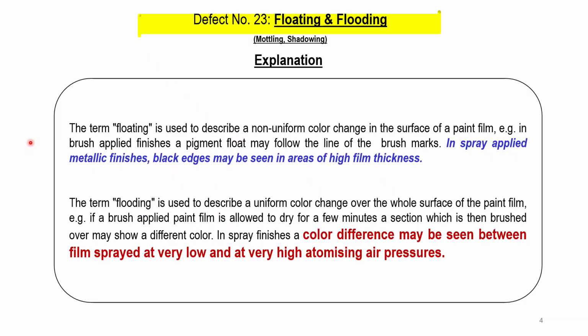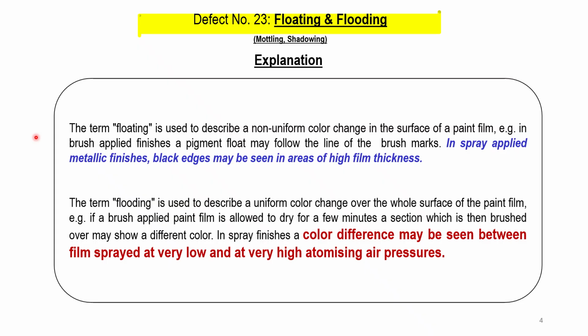To explain further the floating and flooding defects, we can say that the term floating is used to describe a non-uniform color change in the surface of a paint film. For example, in brush applied finishes, a pigment float may follow the line of brush marks.